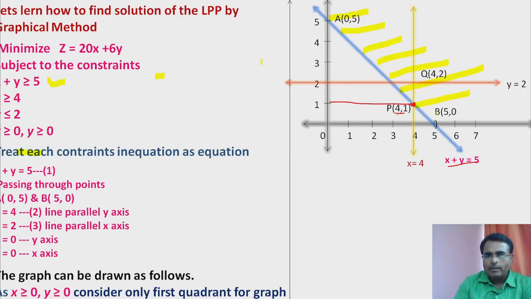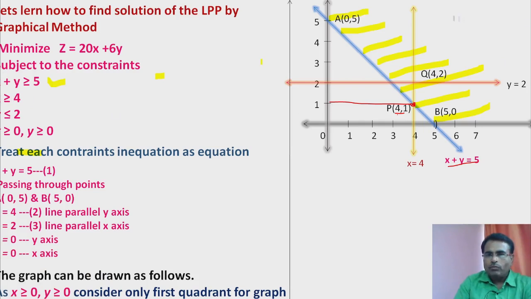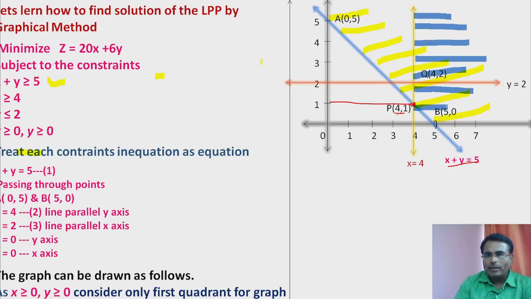As we have considered x and y greater than or equal to 0, I have considered only the first quadrant. Next, we have to consider the second line, x greater than or equal to 4. For this line, we consider the points on the line and towards the non-origin side.